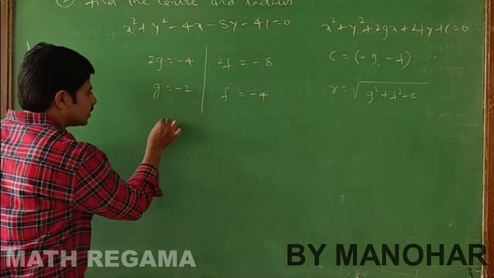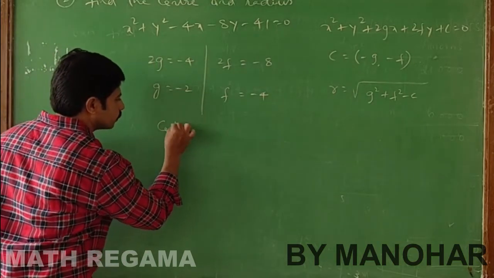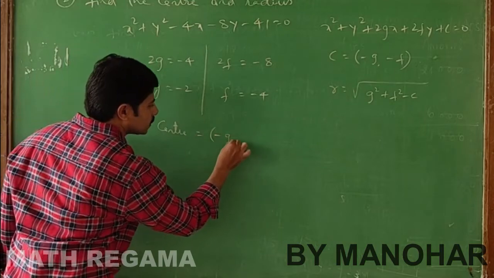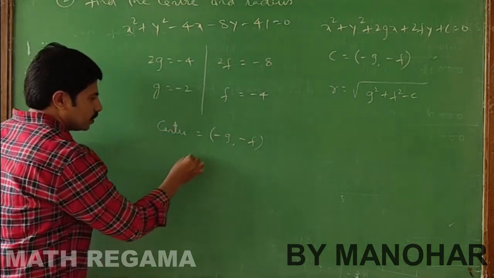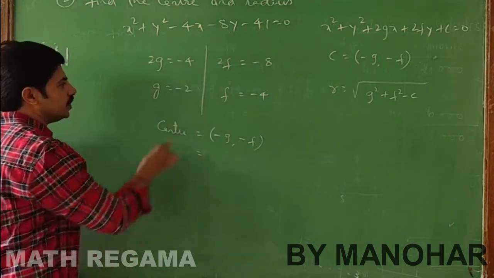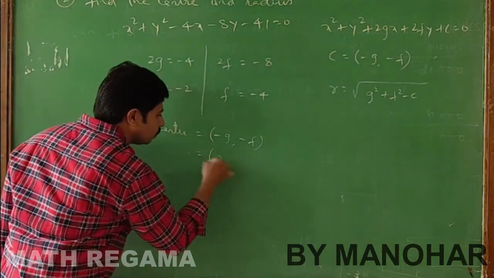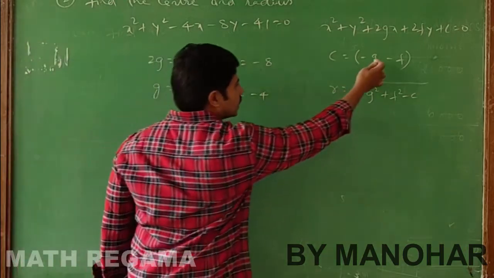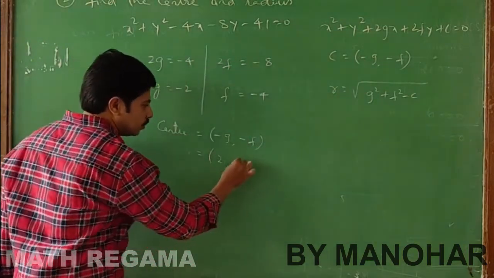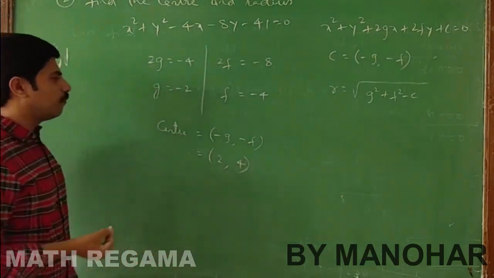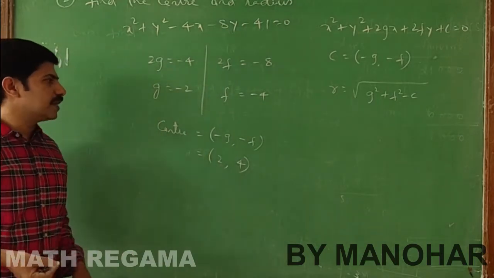So now the center is minus g comma minus f. If I substitute here, minus g becomes 2 comma minus f. Minus into minus is plus, this becomes 4. So 2 comma 4 is the center.